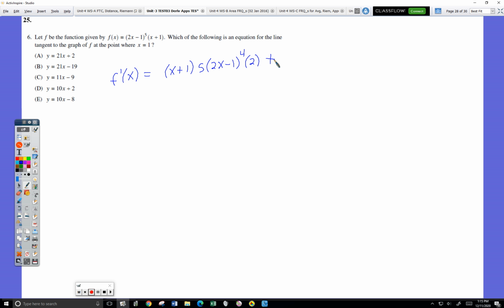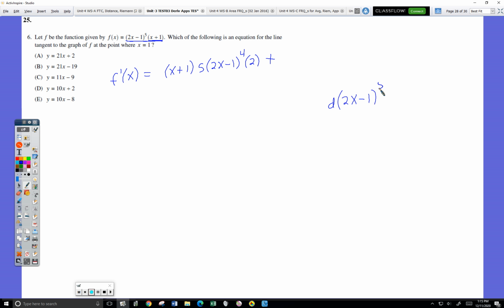Do you need me to do more to make sure you understand how we got there? Because that's perfect. Where did the 2 come from? Right after the 2x. So you're okay that the product will take the second, I must multiply by the derivative of this. You good there, Zach? Good. So I'm going to do the derivative of that over here.